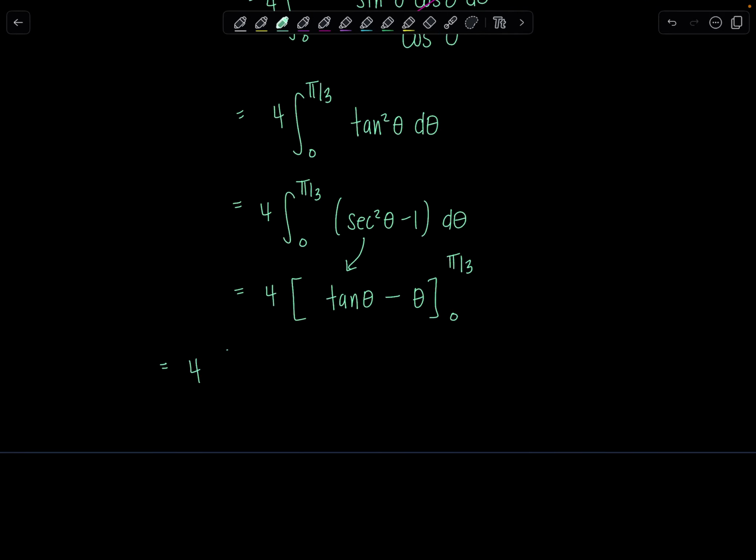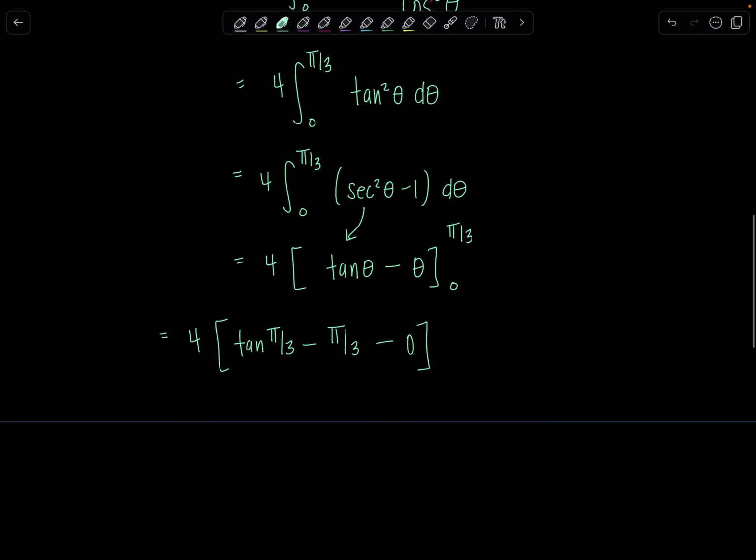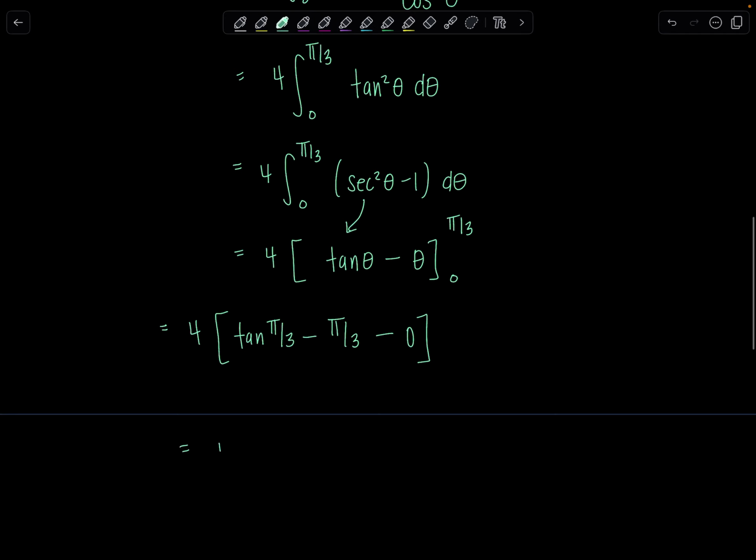So we have 4 times tangent of pi over 3 minus pi over 3 minus tangent of 0, that's just 0. And then again, 0 for theta is 0. So lower limit's just going to give me 0. And then tangent of pi over 3.